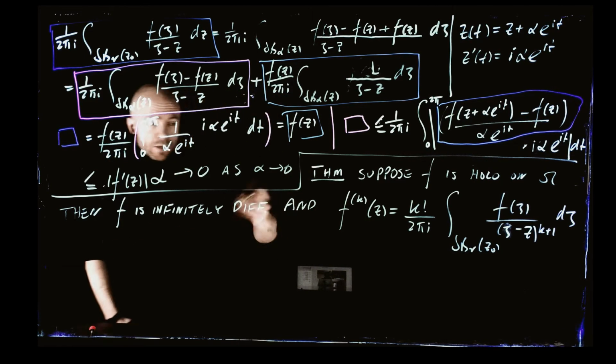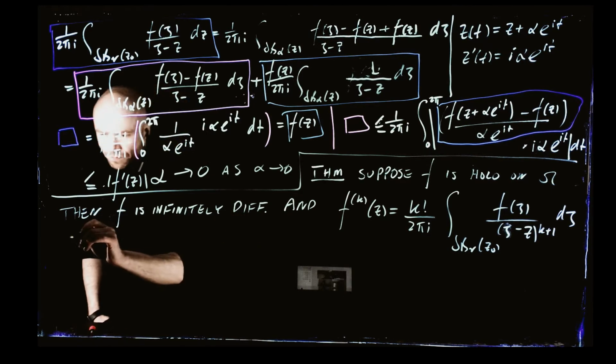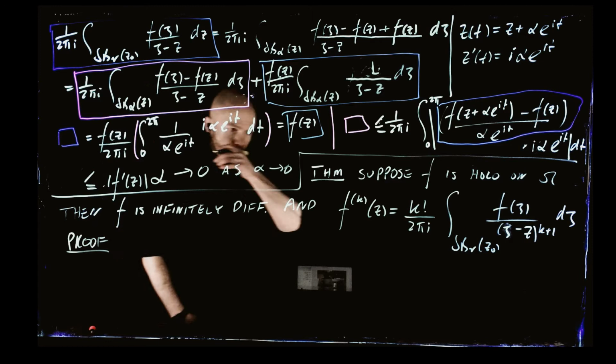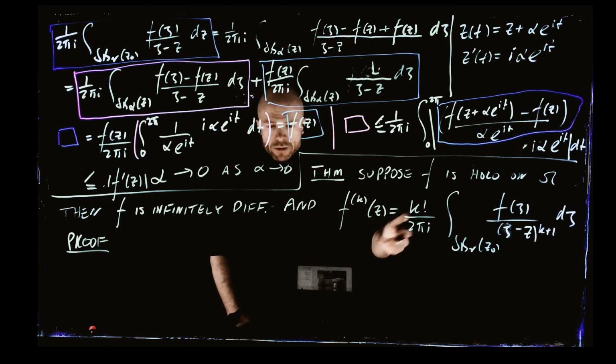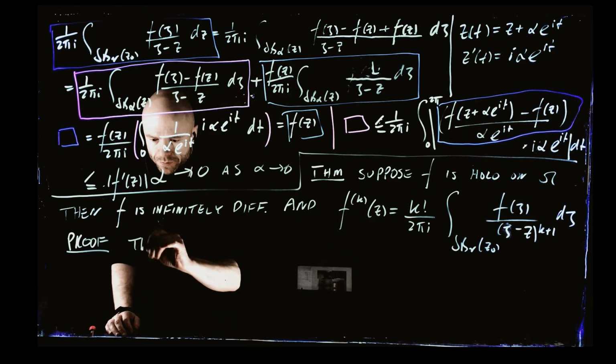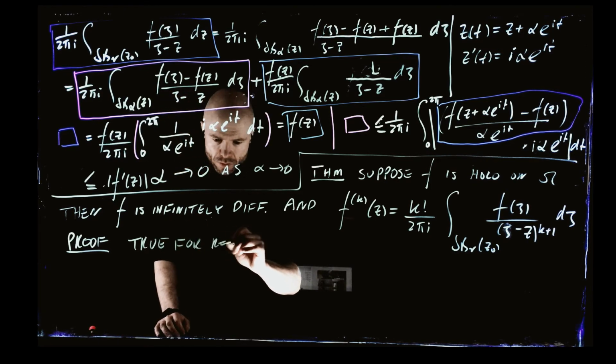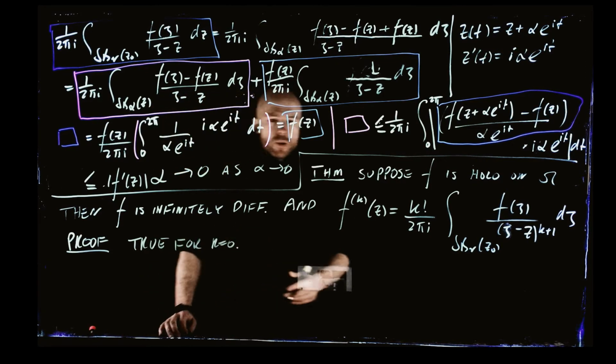Okay, first, let's try and prove this. Well, let's actually succeed to prove it. Proof. So we know it's true for k equals 0, right? So we're going to do an induction.